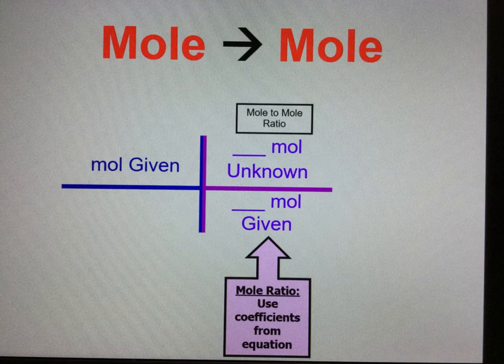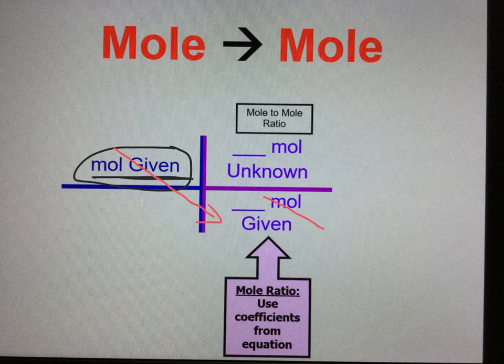Okay, now whatever's given in your equation is always the first thing that you're going to write on your railroad track. Whatever this unit is, it doesn't matter what it is, whether it's moles, molecules, atoms, or mass, it's going to go directly to the bottom part because you want to cancel that unit and go to the next unit.